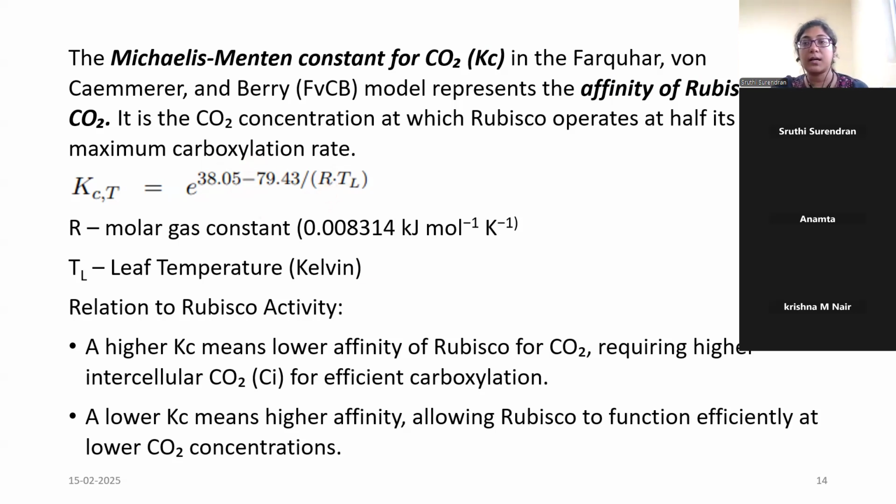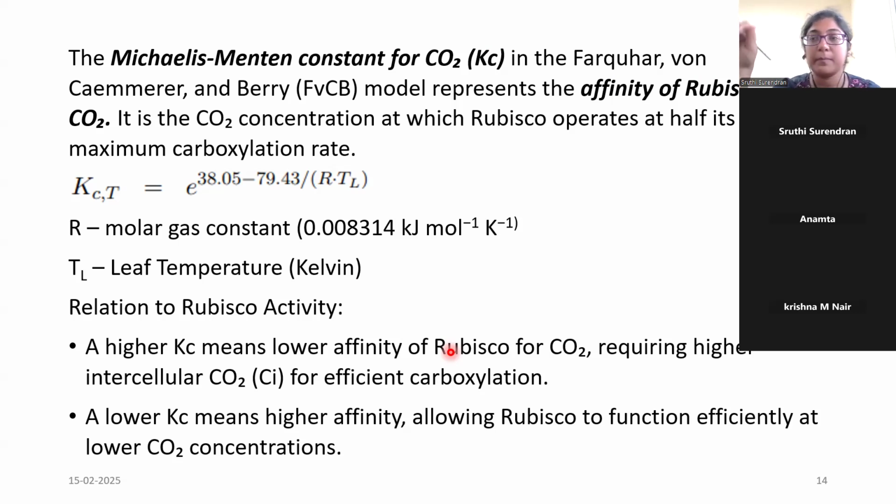So a higher value of Kc means that it has lower affinity. I mean, the Rubisco has lower affinity for carbon dioxide. So it means we need more carbon dioxide inside for this carboxylation reaction to take place. So a higher Kc means that the chances of photorespiration occurring are more. At the same time, if the Kc value is low, it is indicating that Rubisco can function efficiently.